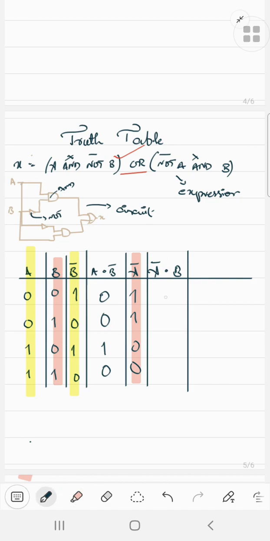The pink ones. 0 multiplied by 1 will give you what? 0. 1 multiplied by 1 is 1.